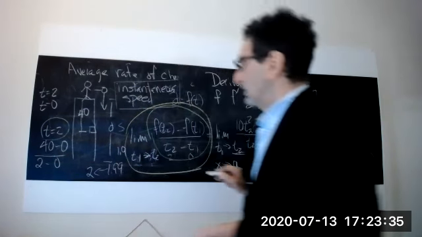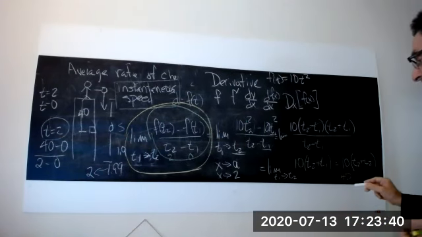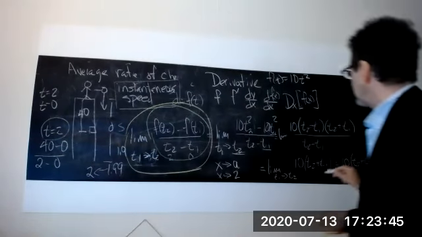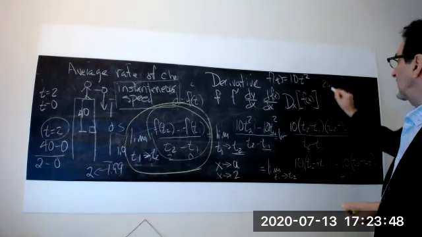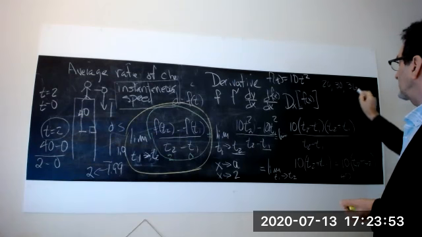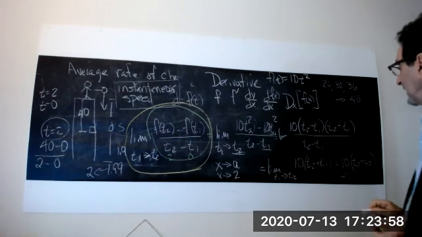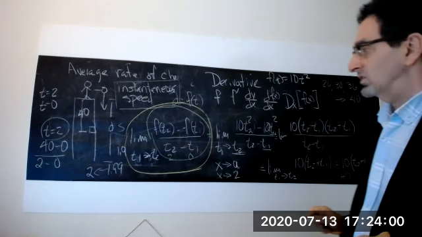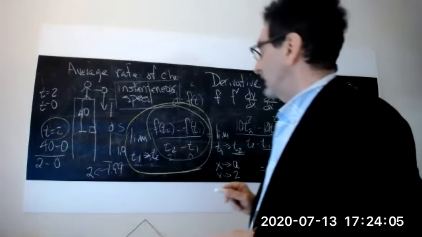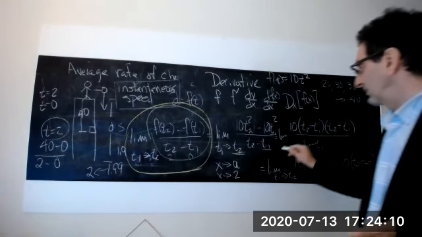And now we found that the actual instantaneous speed exactly at T equals 2 is 40. So that makes sense. We got 20 as our first approximation, then 30, then 36, and they apparently are approaching 40. So we say the instantaneous rate of change, or the instantaneous speed, is 40, and this calculation gave it to us.